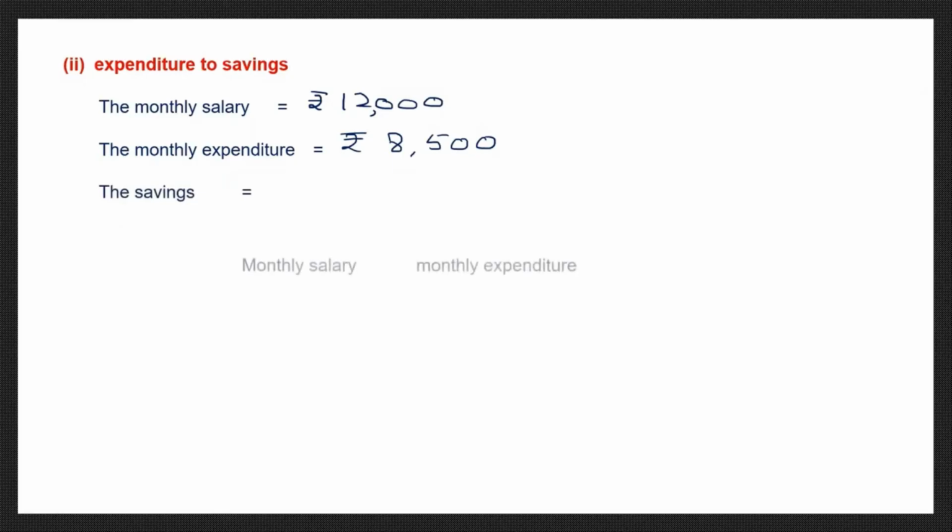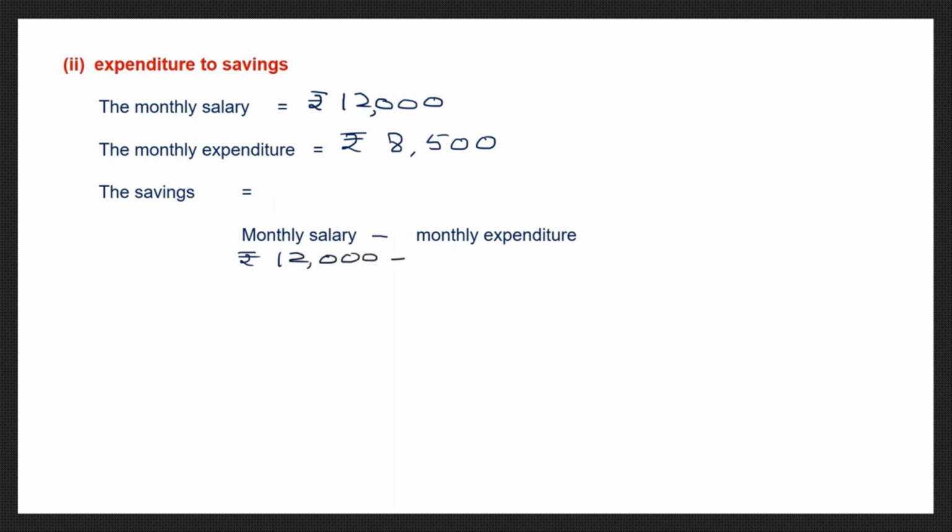And how do we find the savings? It is monthly salary minus the monthly expenditure. So that is 12,000 rupees is the monthly salary and 8,500 is the monthly expenditure, and we have to subtract these two.